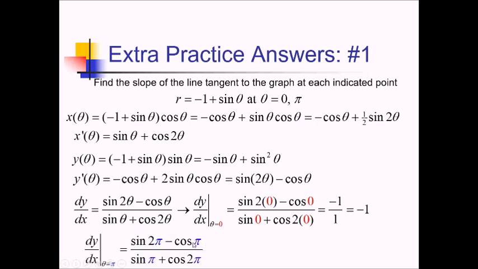So plugging pi into all this stuff, well, sine of 2 pi is 0. Cosine of pi is -1, but it's already negative, so that's +1 up top. Down below, sine of theta is going to be 0. Cosine of 2 theta is going to be 1. So I again have a 1 over 1 situation, only this time I've got a +1 up top. So this comes up to a +1 overall.